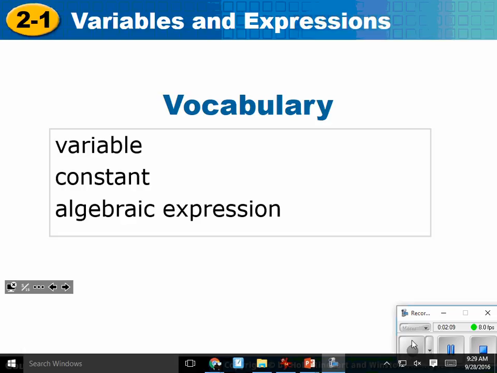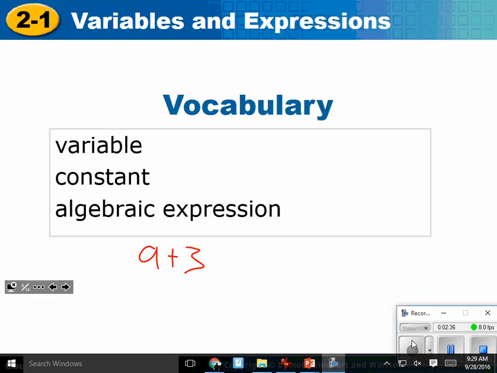Now, variable. Well, let's start with constant. What does the word constant mean? It doesn't change. It stays the same. Okay? In my little thing here, A plus 3, what is constant?